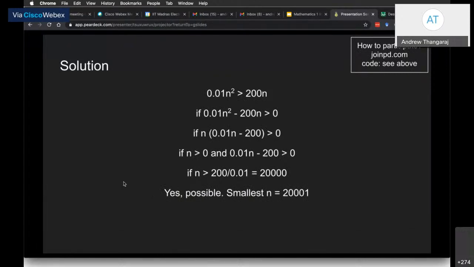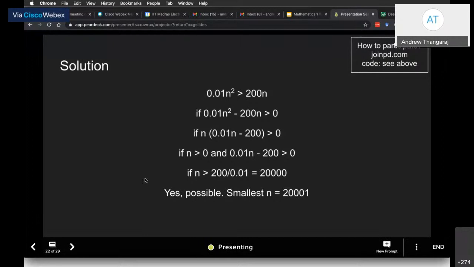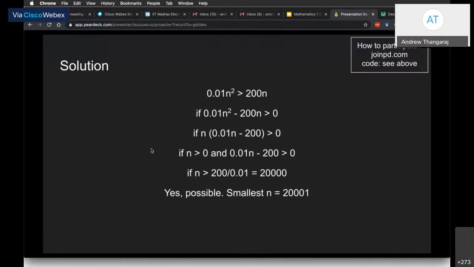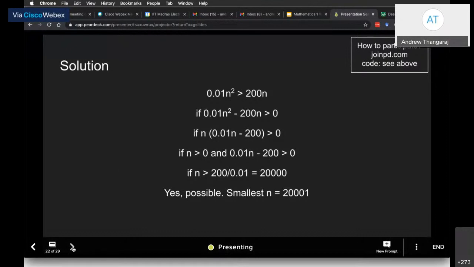The 200n will be killing you, and 0.01 n squared will be giving you much better results, depending on what you want, whether you like it higher or lower. 0.01 n squared might be much larger than 200n. So be careful. You really need to know the nature of these functions and not just go by small evaluations. Very important.